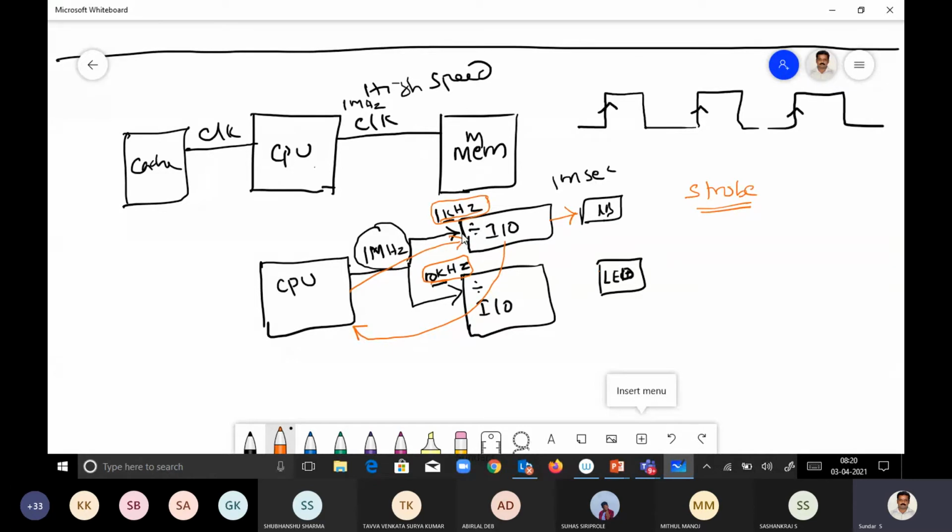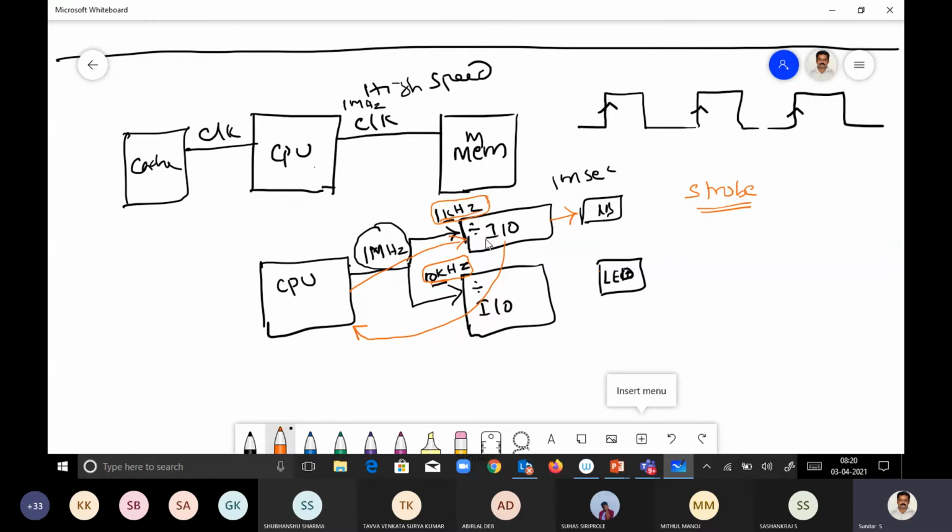So in the asynchronous mode, we have this issue. The clock speed of the IO devices does not match the clock speed of the CPU. That's why we have either of these. The CPU should understand when it can approach the devices based on this clock. Otherwise, without remembering all these values, the CPU can send a request: yes, I'm ready, if you are ready, you can interact with me.